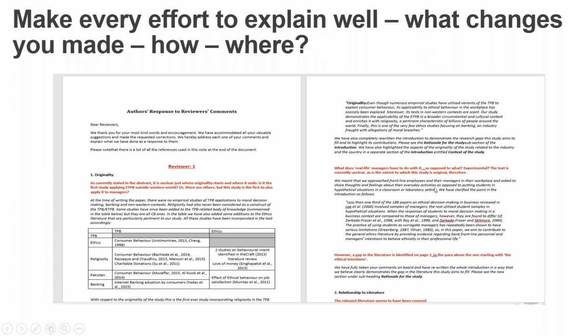Sometimes you have to copy and paste paragraphs from the article itself in order to respond to them. So please make every effort to bring the reviewers into confidence that all their suggestions were respectfully entertained, and you made every effort to improve the article.